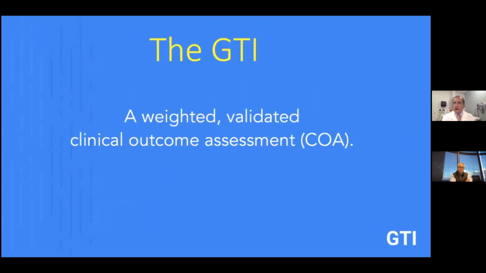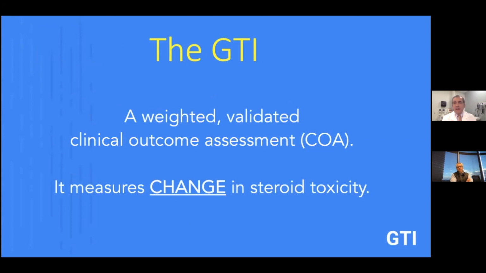So the GTI, first, is a weighted, validated clinical outcome assessment. It measures change in steroid toxicity. It's not simply a laundry list of all the 75 or so known adverse effects of glucocorticoids. It measures change between 2 points in time, for example, between baseline and measurement of the primary endpoint, or between baseline and some interval period.